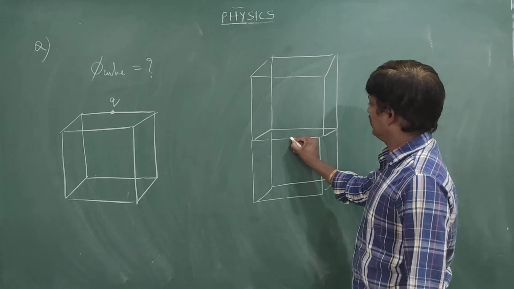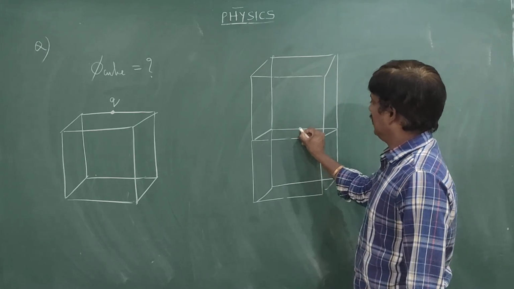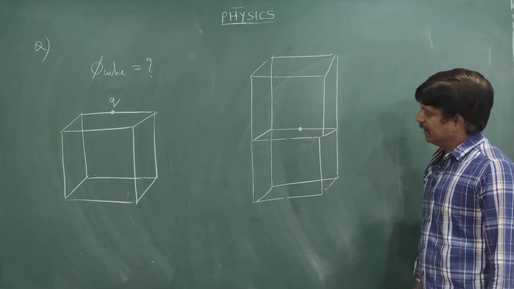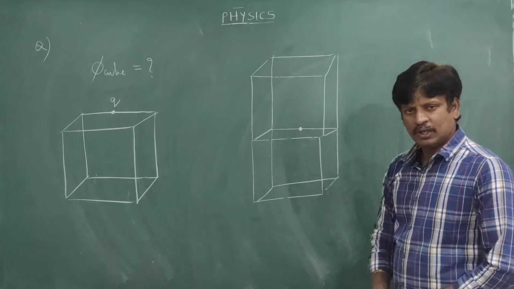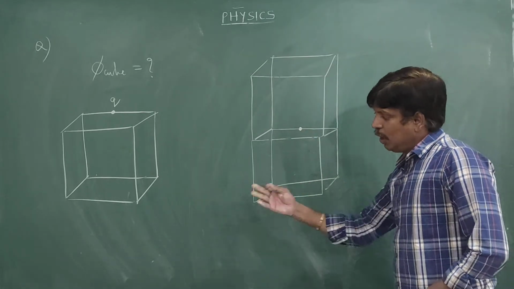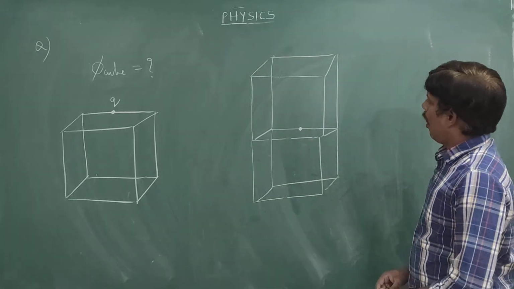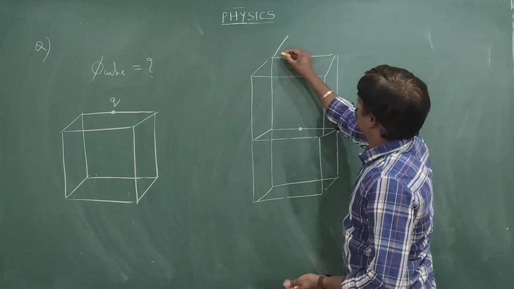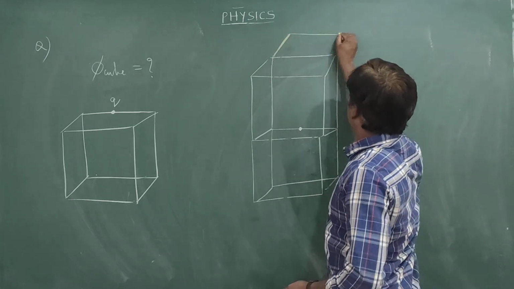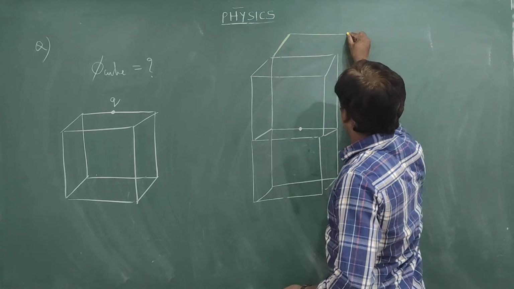Where is the charge? Here. You see here, one cube here, another cube here. 2 cubes are there. But the charge is still open. So what I do? On the back side, I can imagine one more cube like this.